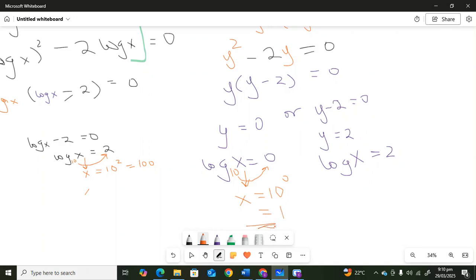So x equals 1. On the other side, log x equals 2. Again, the base is 10, so this becomes 10 squared. Then you bring x here. x equals 10 squared, which gives us 100.